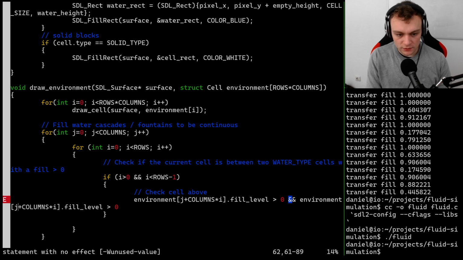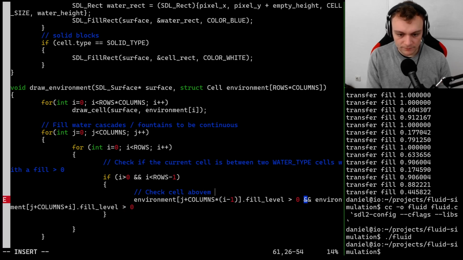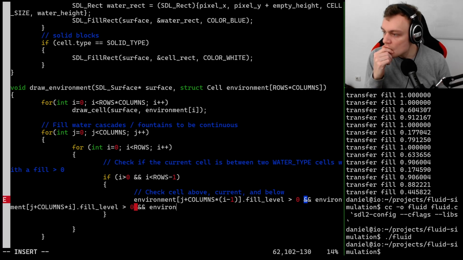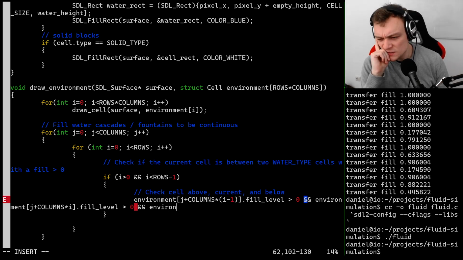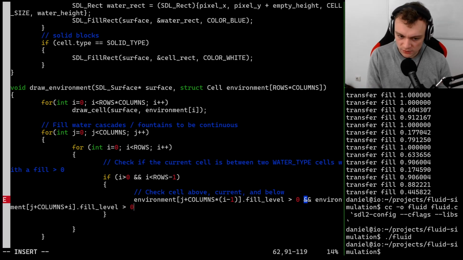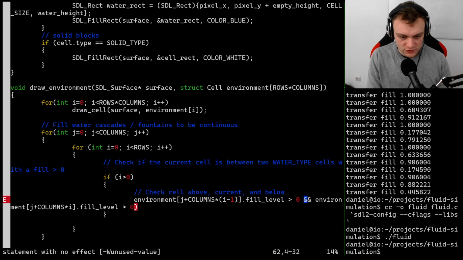Right. We have to also check above here, current and below. And the cell below must be filled as well. Or no, does the cell below even matter? Maybe not. Maybe the cell below doesn't matter. Let's try this.